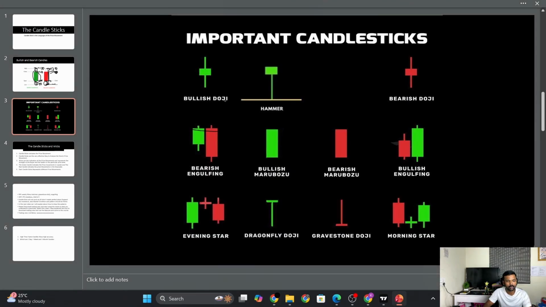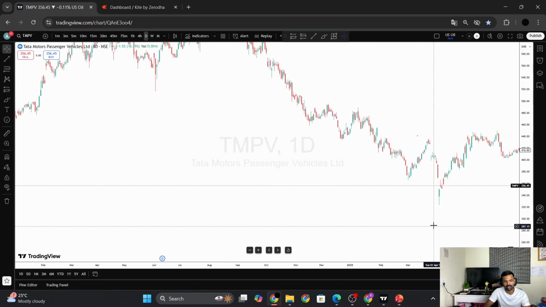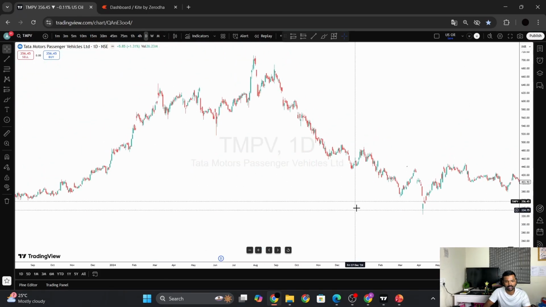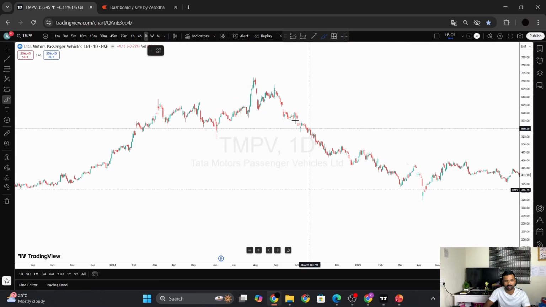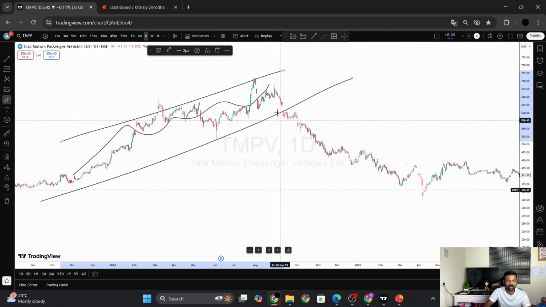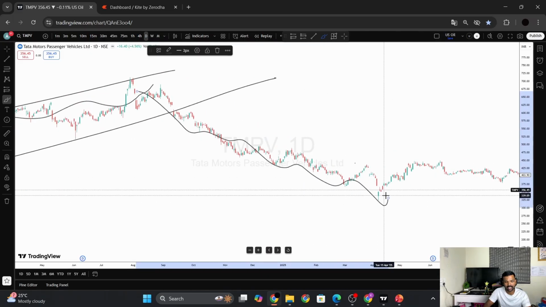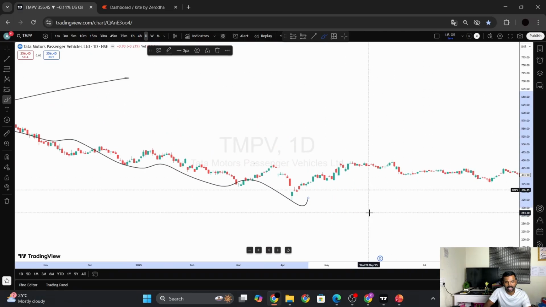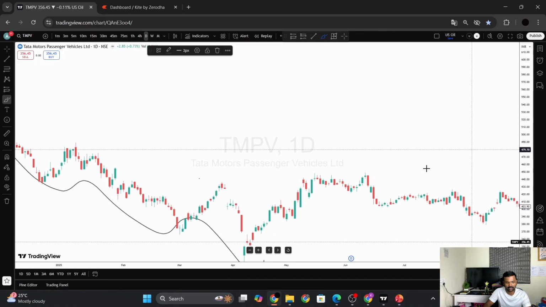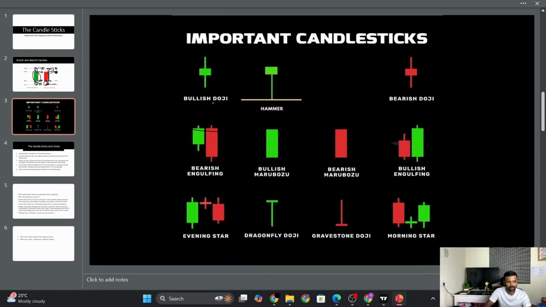So this is one candle. And bullish doji. Whenever the price, after moving up in an uptrend, falls down to this area, any candle like this, see, like this bullish doji.